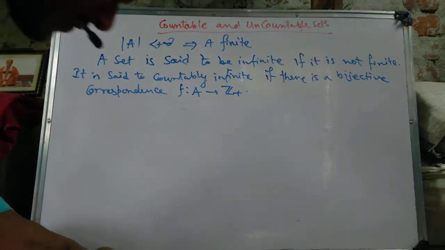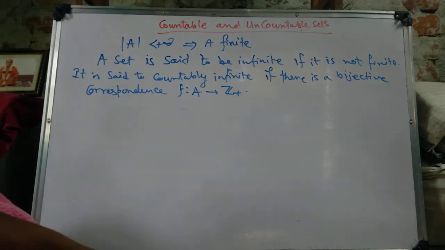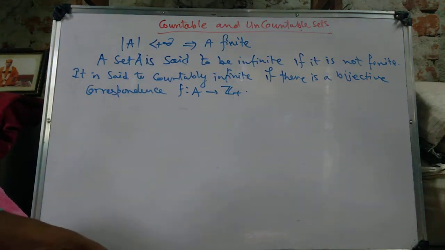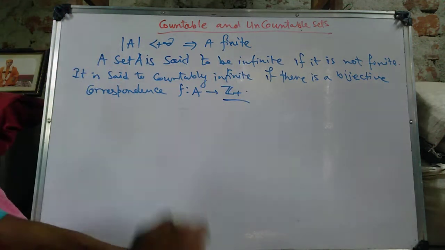That means a set A is said to be infinite if it is not finite, and it is said to be countably infinite if there exists a bijective correspondence with Z plus.